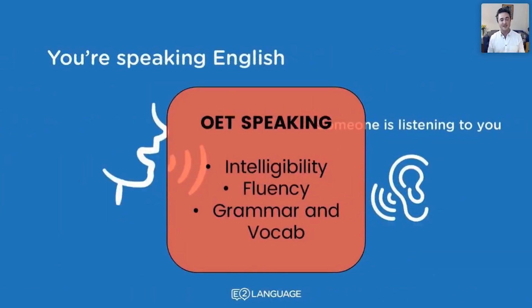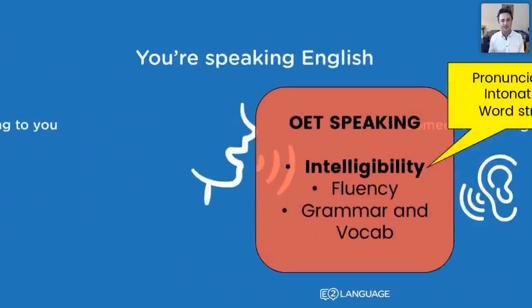And if we look at this from the angle of the exam that you're about to take, or one day will take, in OET speaking, you're actually assessed on these elements as well. So the assessors will be listening to your recording of your speaking test, and they'll be evaluating it according to the linguistic criteria on intelligibility, fluency, and grammar and vocabulary. There is also another set of criteria that they evaluate on, which is the clinical communication criteria, which is a bit different. So here we're just looking at the language aspect.